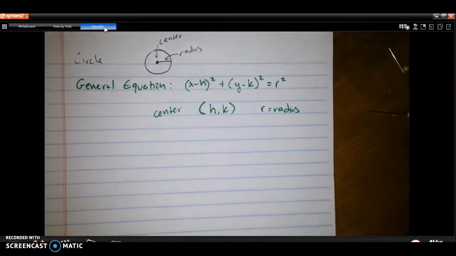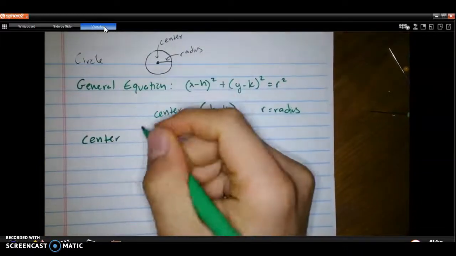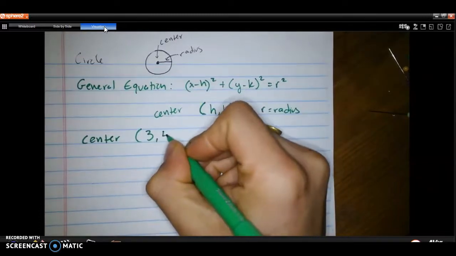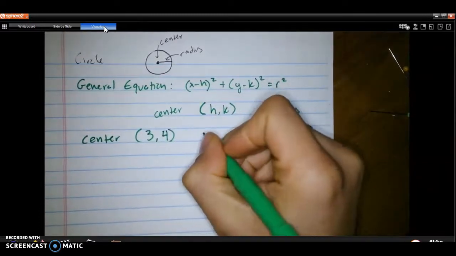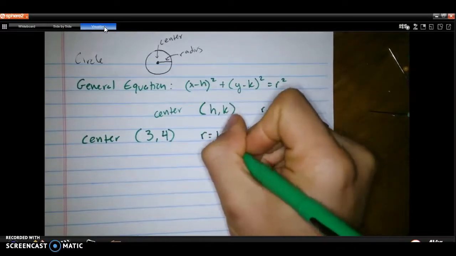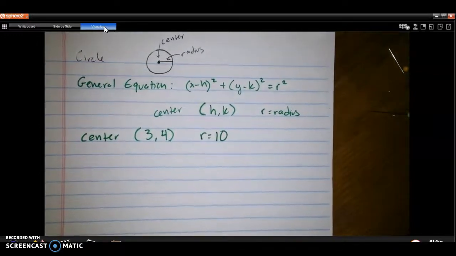So let's say we have a center of (3, 4) and a radius of 10. I'm not actually going to graph this circle out just yet. I want to write the equation, and then we're going to check the equation in Desmos.